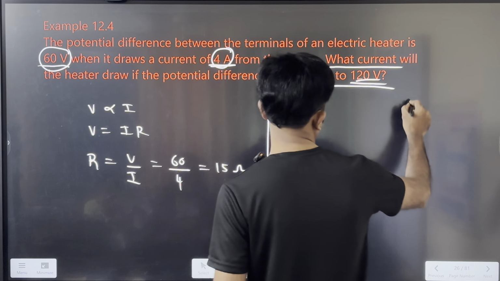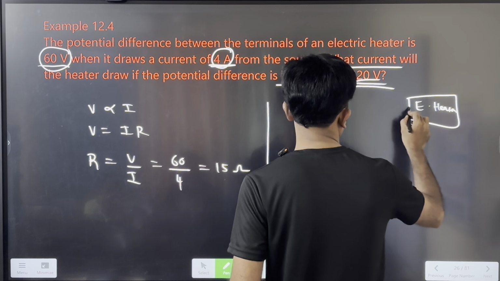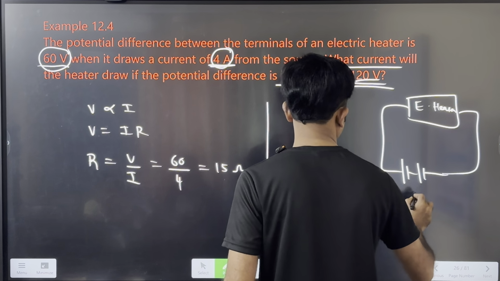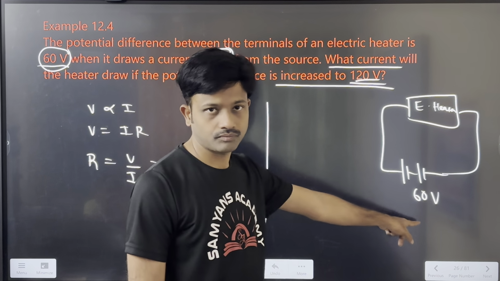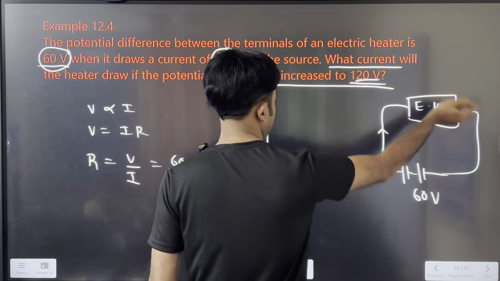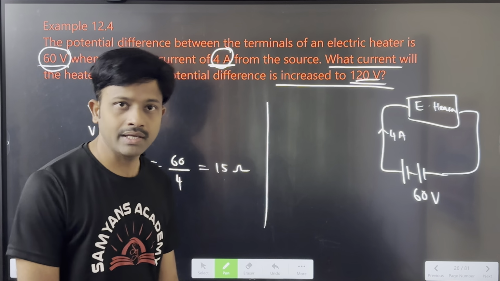Let us assume this is the electric heater. You connected it to a 60 volt source. When you connected to the 60 volt source, how much current is flowing through this heater? 4 amperes current is flowing through this heater.